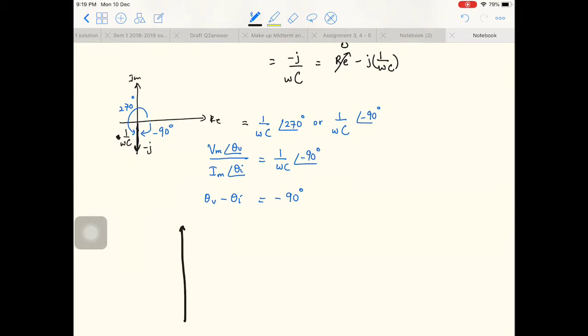Then how do we draw a complex plane that relates this phase difference? We know that theta I is equal to theta V plus 90 degrees.